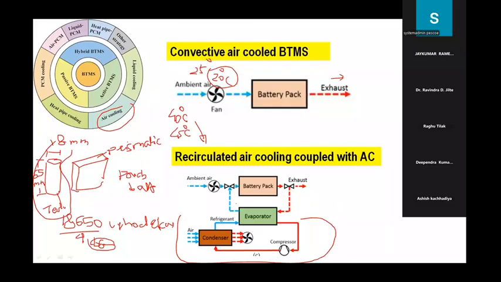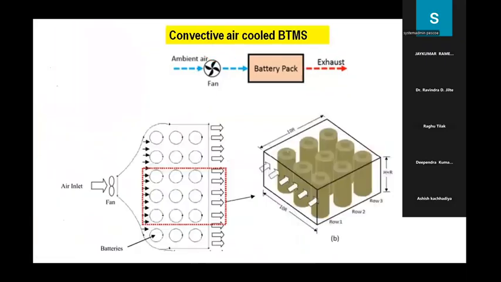So you can cool down the air, and then pass the chilled or cooled air to the battery pack. So at first glance, this seems to be very simple. Let us now delve into the topic.